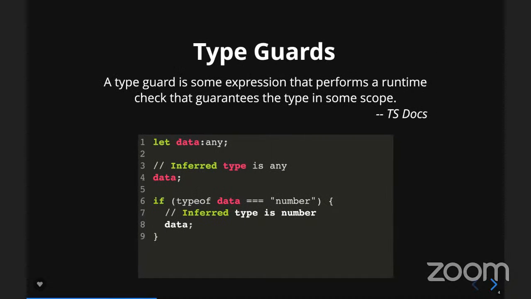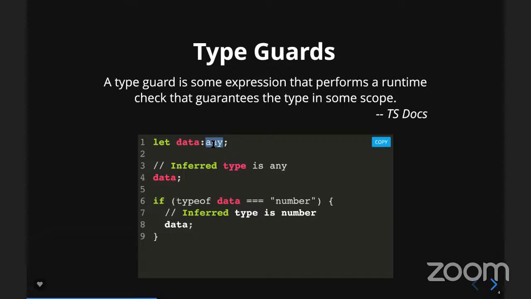So we'll start with type guards. The TypeScript docs define type guards as some expression that performs a runtime check that guarantees types in some scope. The main term here is the runtime check, and that it guarantees the type in some scope. Let's say you have a variable defined with data type any. If you define any variable as any, you lose all of the type checking mechanism of TypeScript and you fall back to JavaScript, which is a very bad thing.